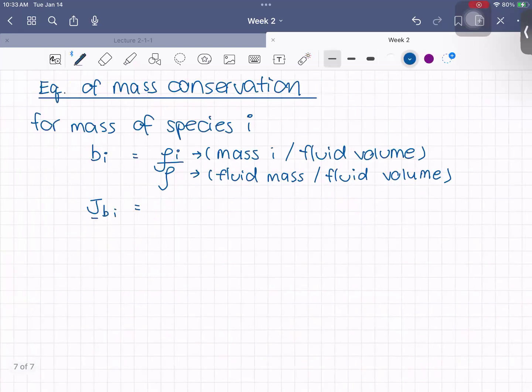So that will be rho b_i, because we're focusing on species i, v_i. And if you take a look at this term here, rho times b_i is actually equal to rho_i, is that right? So that would be rho_i v_i.